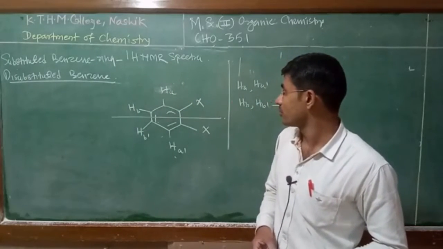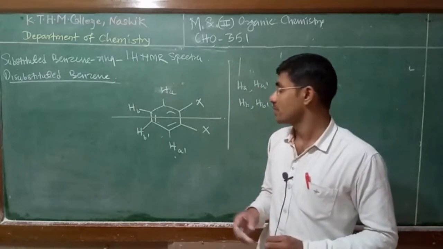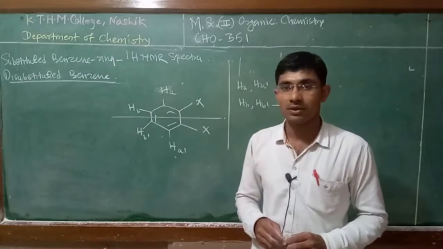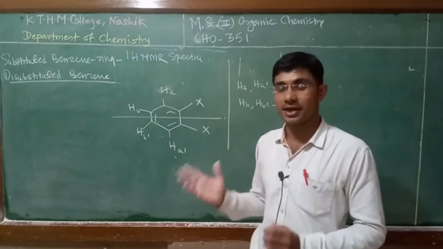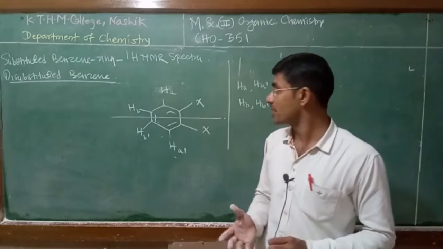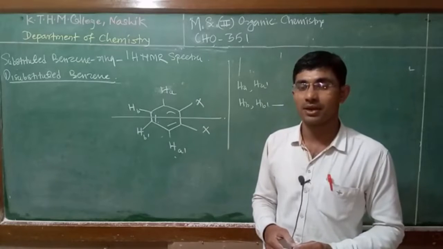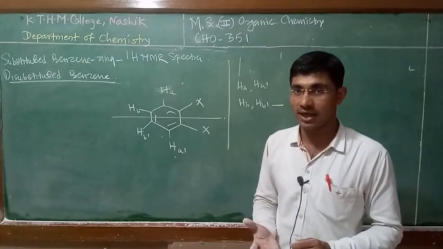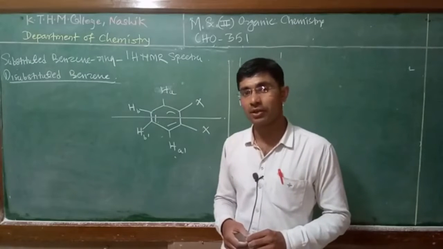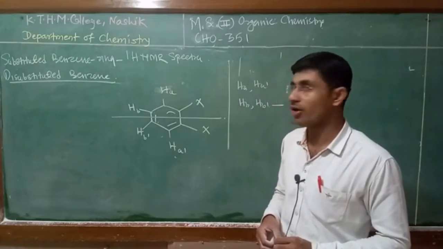So here also at low field, at 60 megahertz, we get the second order spectra, but at high field, on a 300 megahertz instrument, we get the first order spectra that can be interpreted with the help of the n+1 rule. Here also each proton gives a doublet of doublet signal.